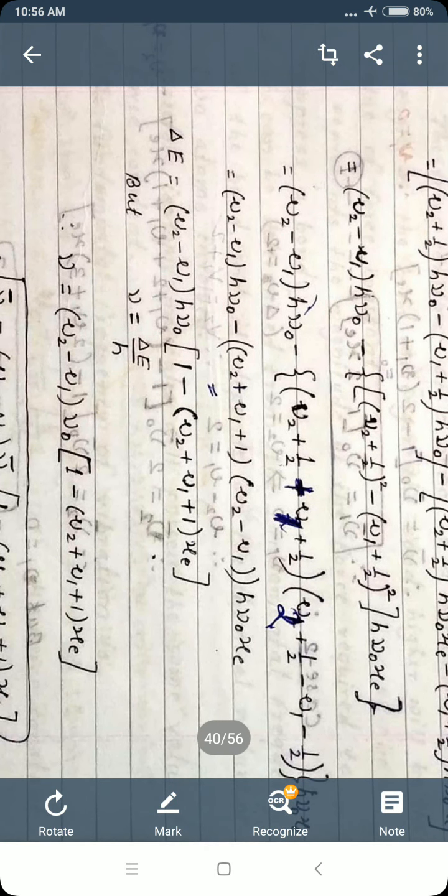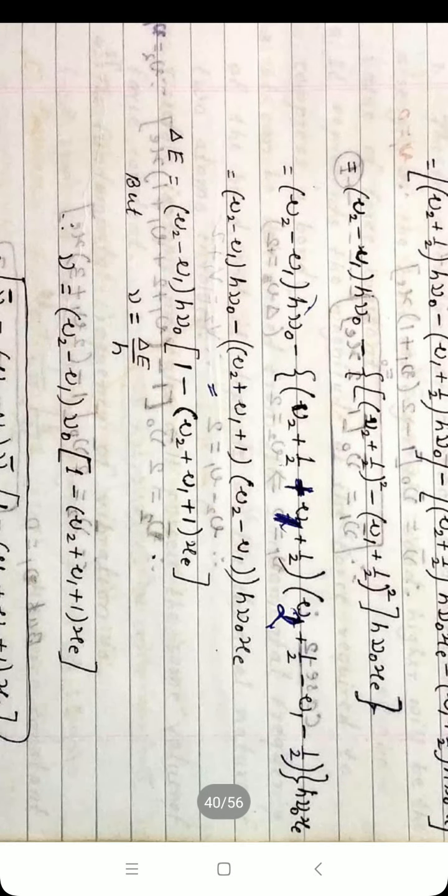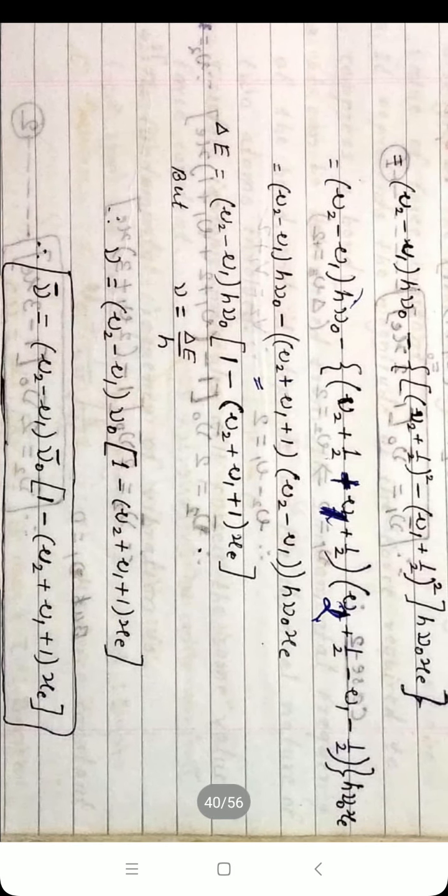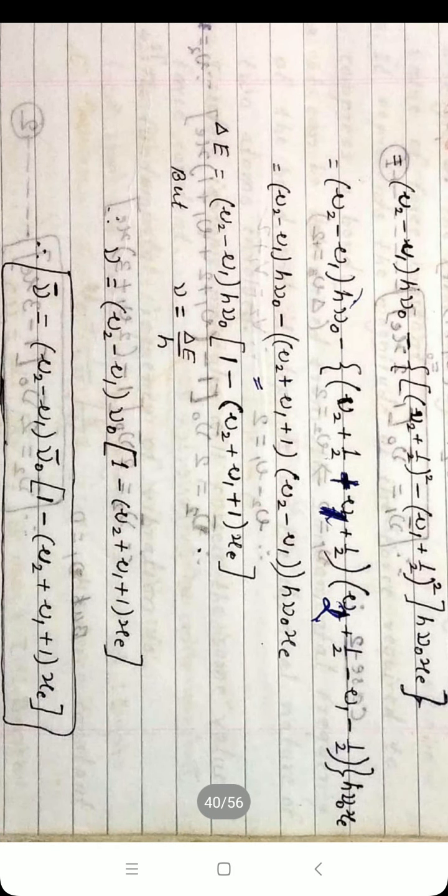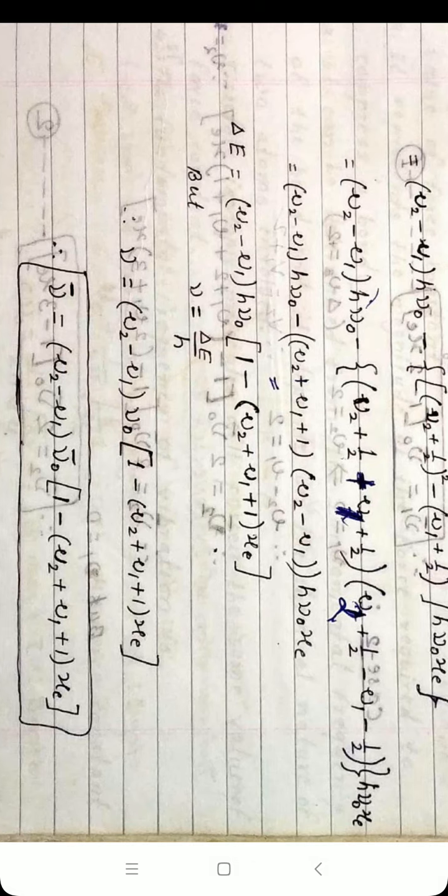And we know that delta E is equal to h into nu. Therefore, substituting that value, h goes to this side and cancels. Therefore, frequency nu is equal to (v2 minus v1) into nu0, here h cancels, in bracket 1 minus (v2 plus v1 plus 1) into xe.